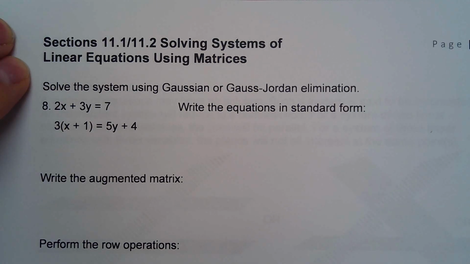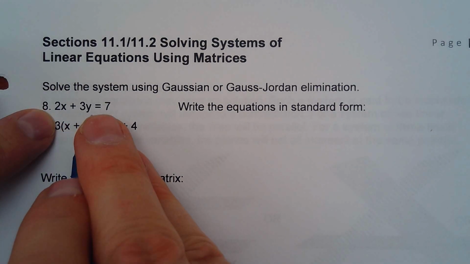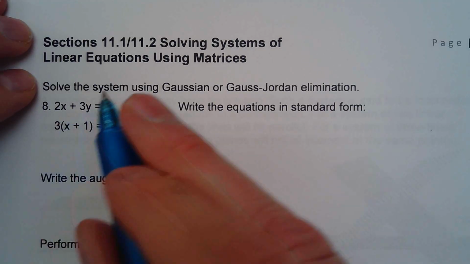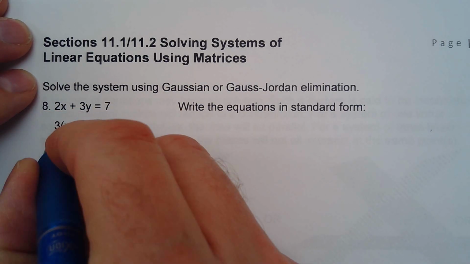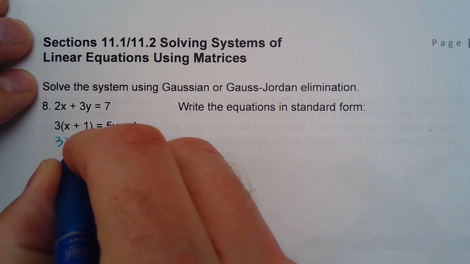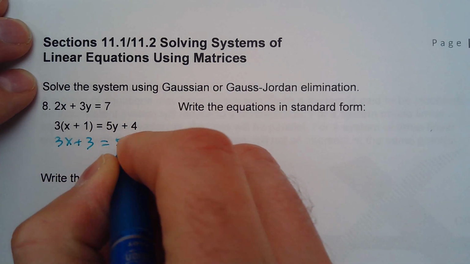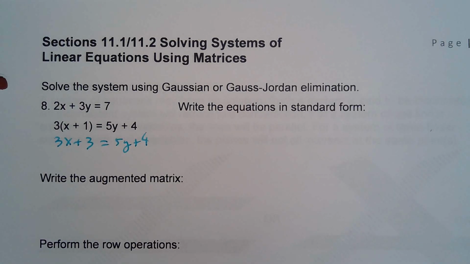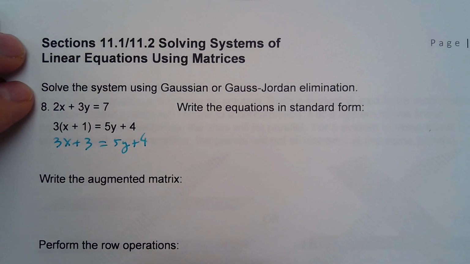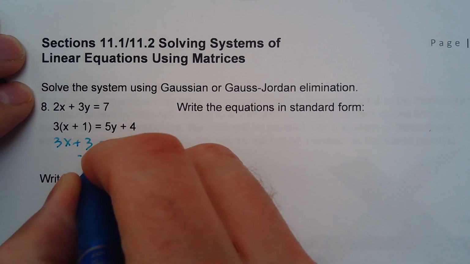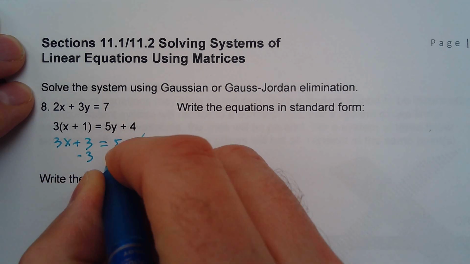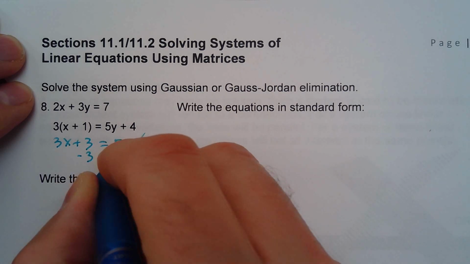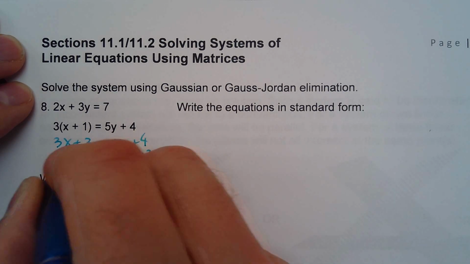So like in this example, my first equation's fine, but my second one's a mess. I need to distribute that 3 to both terms. And then we need to go ahead and move the y's to the left side, move the 3 to the right side. So I'm going to subtract 3 from both sides and subtract 5y from both sides.